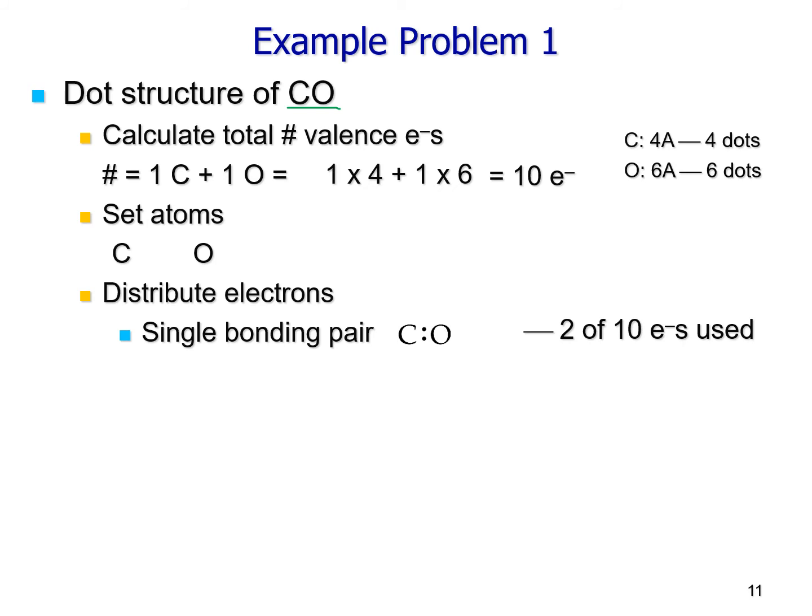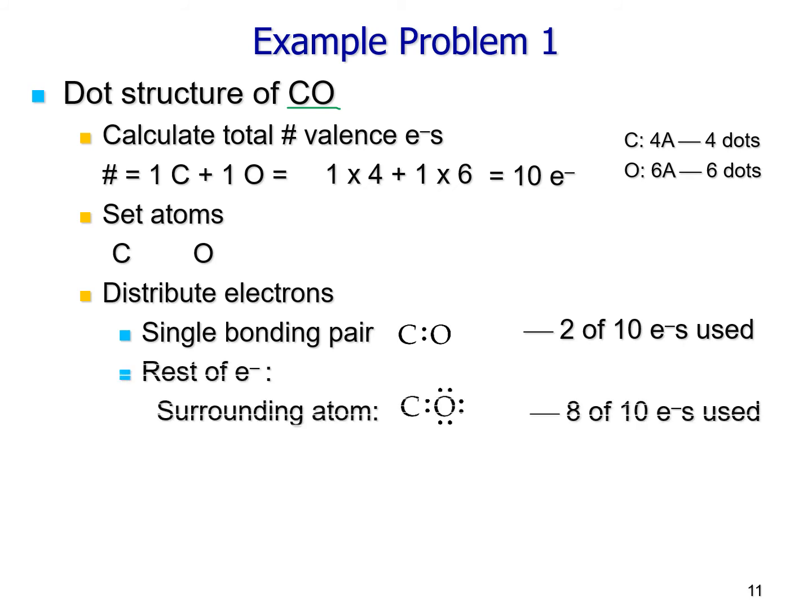Here I'm going to consider oxygen as the terminal atom because carbon is less electronegative. Oxygen is the one that is more electronegative. So I'm going to give enough electrons to make an oxygen octet. How many more? 6 more, in 3 groups: 1, 2, 3, 4, 5, 6.